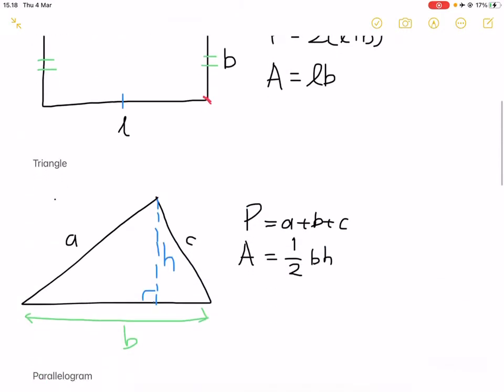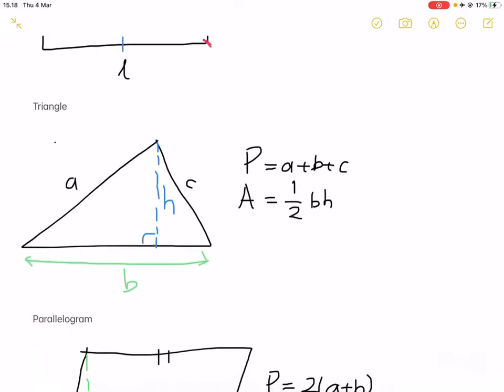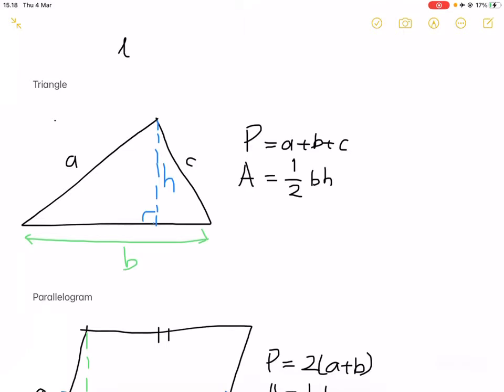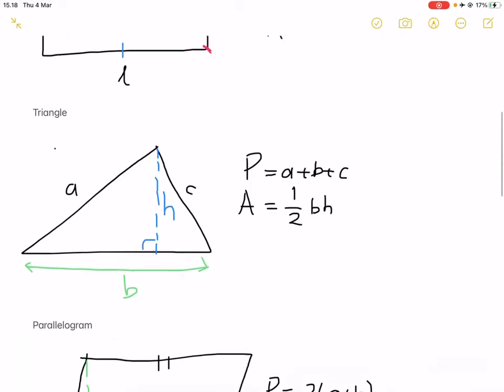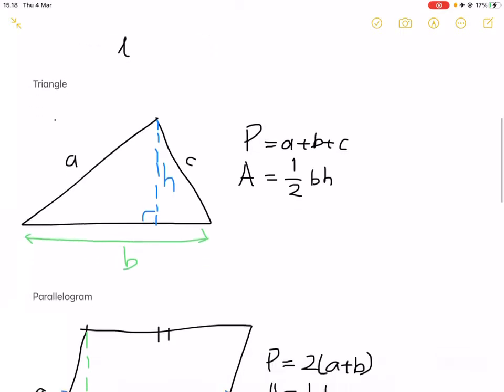And we're going to look next at the triangle. Now there are different types of triangle: an isosceles triangle, an equilateral triangle, and a scalene triangle. However, I'm just going to choose the scalene triangle because this formula can be used for any other triangle as well.